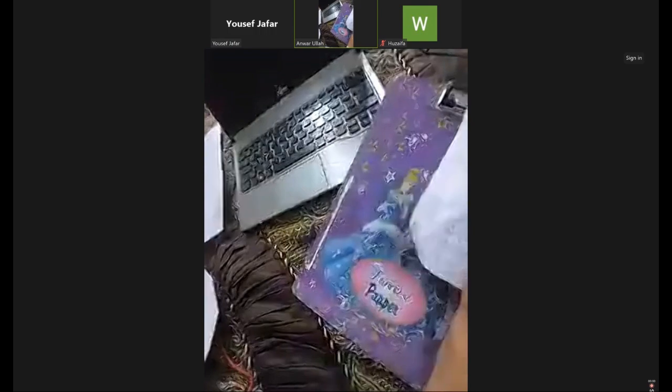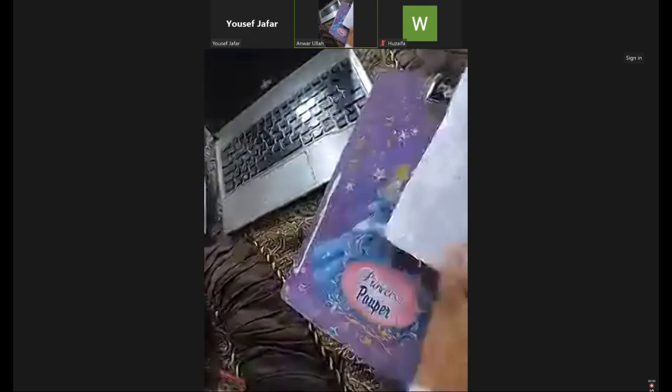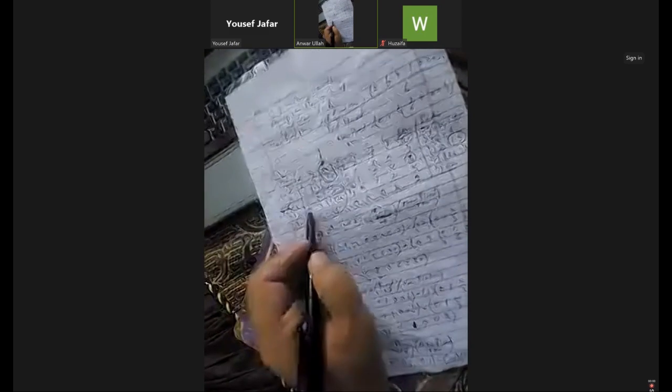Now the old S3 is 0, 0, 1.66, 1 over 6, 0, 1, 0, 5.